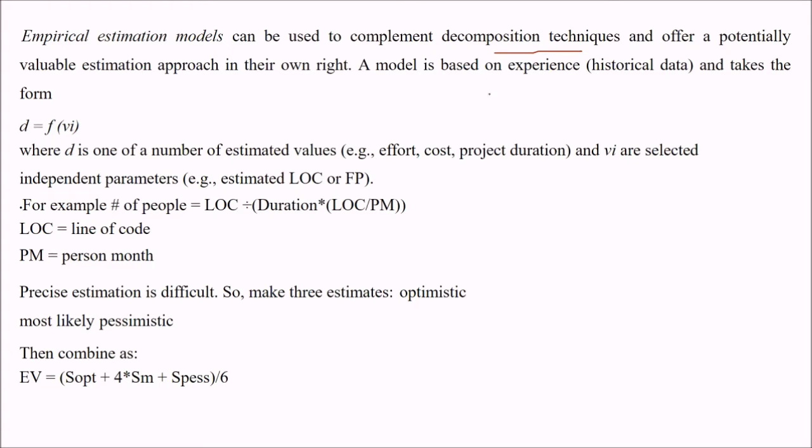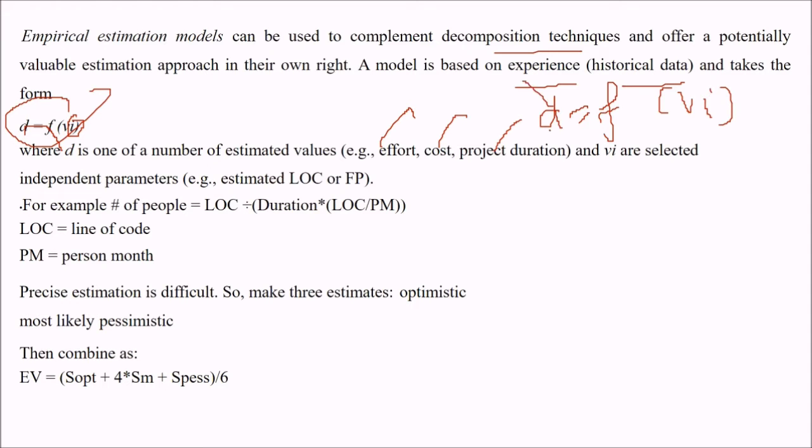The model is based on historical or experience data of this form: D is one of the estimated values, say effort, cost, or project duration, and the vi are the selected independent parameters. So D is a function of vi. Effort, cost, project duration; vi can be KLOC or FP.